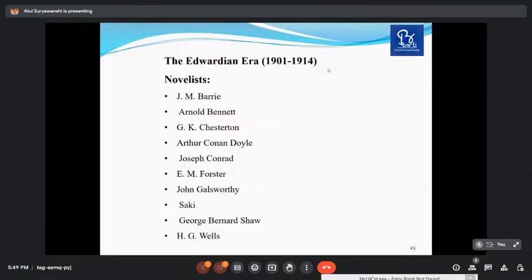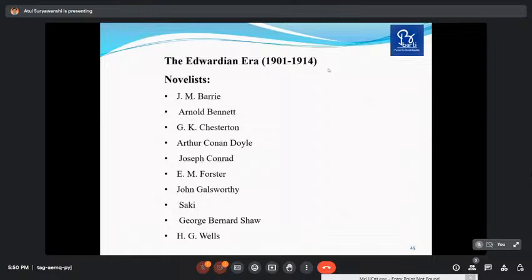So let's proceed further towards the Edwardian period, which began in 1901 and lasted up to the beginning of the First World War, which began in 1914. The prominent and dominant novelist during this time was J.M. Barrie, who is the writer of Peter Pan and Captain Hook.